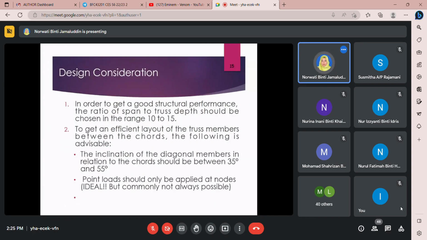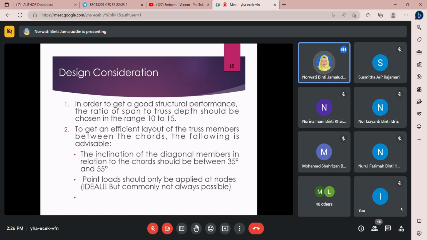To get an efficient layout of the truss members between the chords, the following is advisable: the inclination, the angle of the diagonal member in relation to the chord, should be between 35 and 50 degrees. Ideally, load should be applied at nodes, but it is not always the case.